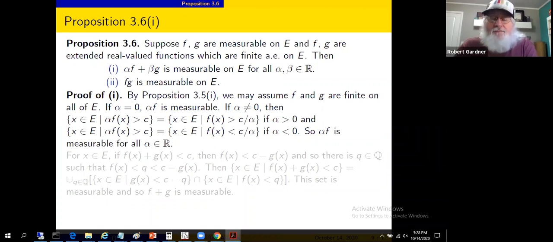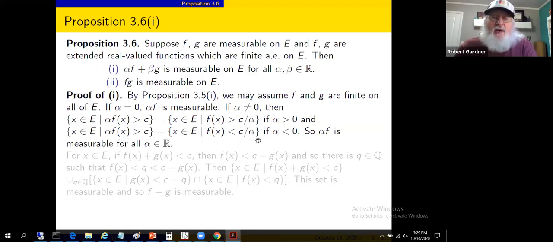It's continuous. If alpha is not 0, then the set of x values for which alpha f of x is greater than c is the same as the set of x values for which f of x is greater than c over alpha. Divide both sides by alpha. Same inequality, same collection of x values. If alpha is negative, then this set of x values, divide both sides by alpha.